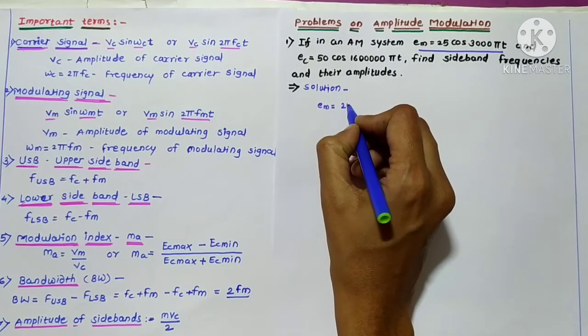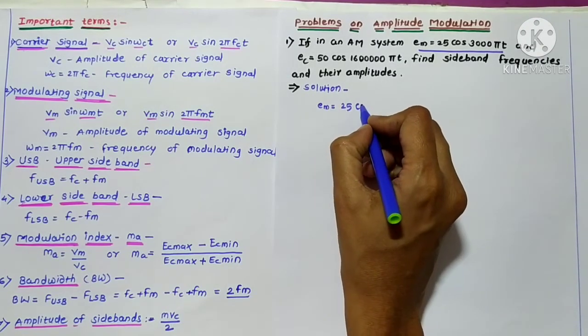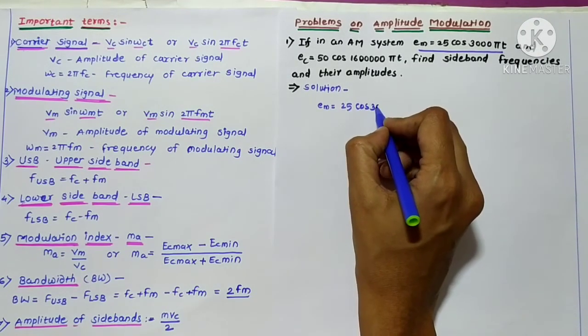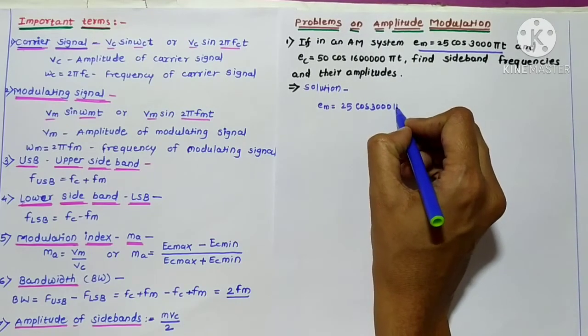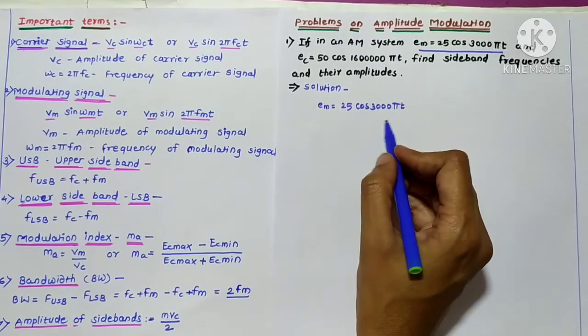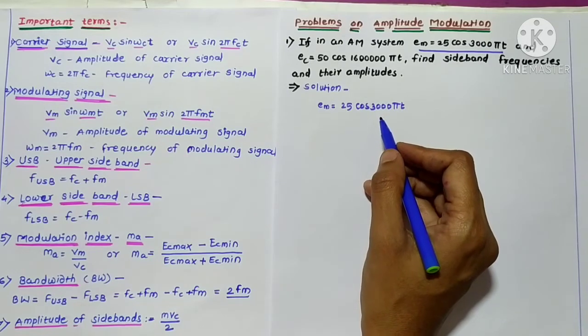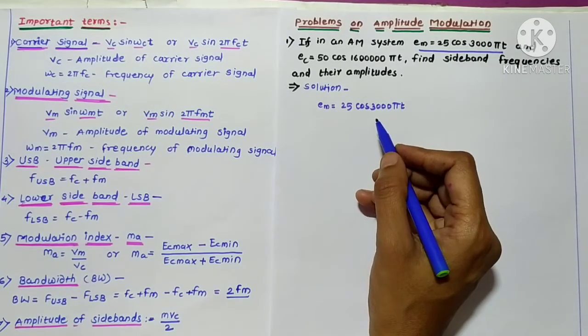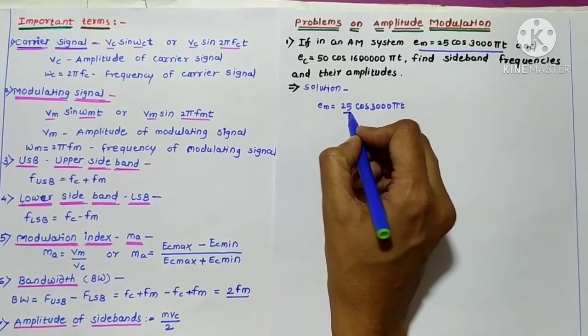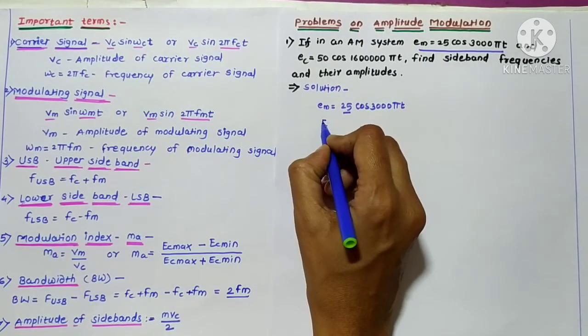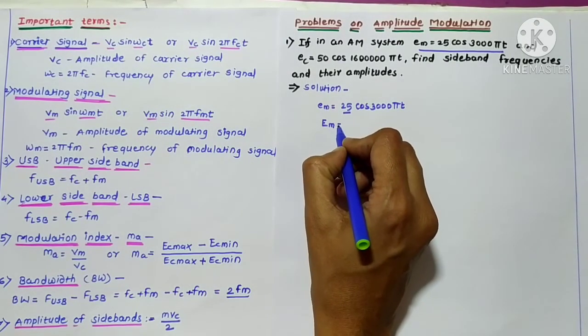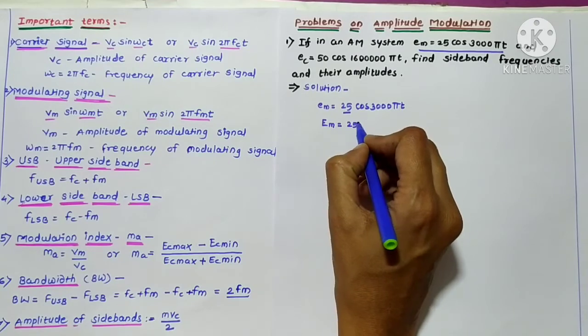So this is 25 cos 3000 pi t. Okay, this is the equation for modulating signal. From this equation you can write this 25 is nothing but the amplitude of modulating signal.